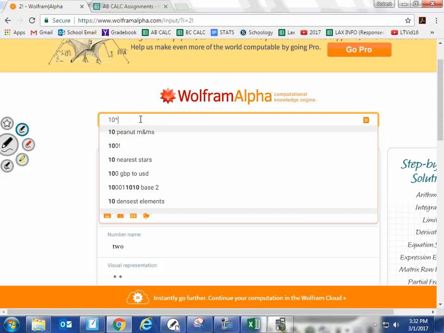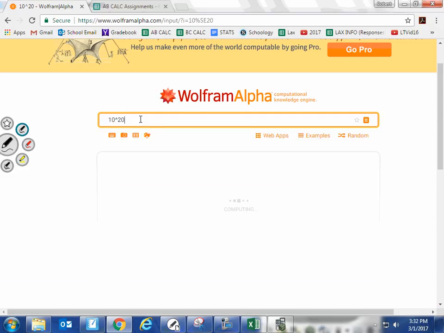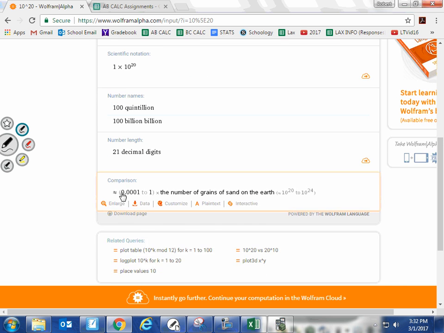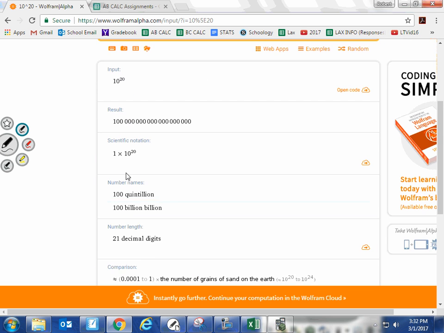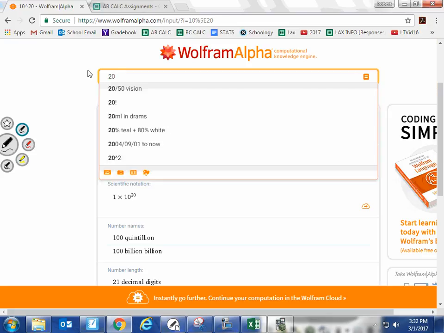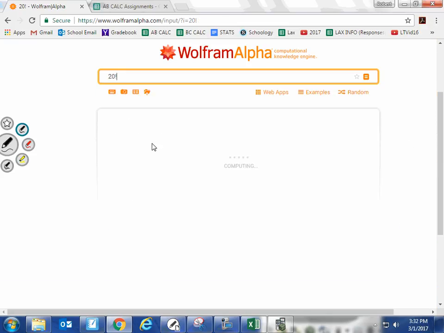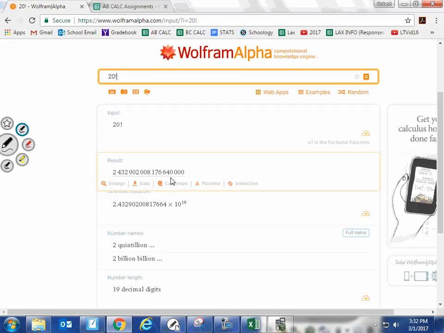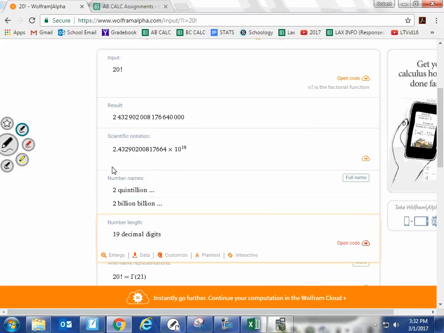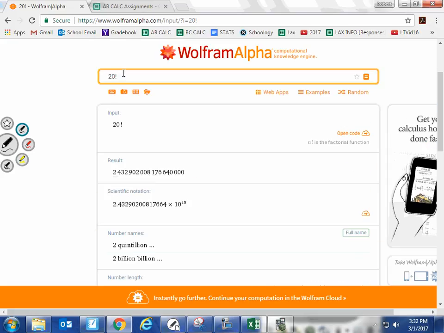Well, let's look at 20, 10 to the 20th power. We got 21 digits here. And if I look at 20 factorial, you would think, oh, 20 times 19 times 18, it's got to be less than that. 21 digits compared to, oh my goodness, we are at 19 digits already. I started with 100 compared to 2, and I'm already at 21 digits compared to 19 digits. It appears that the factorial is catching up.